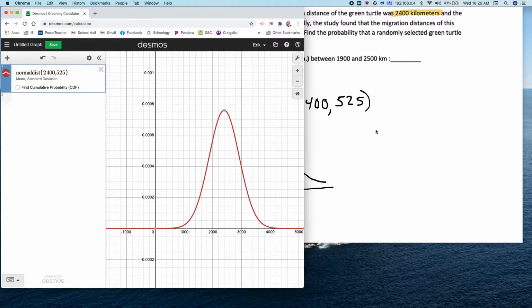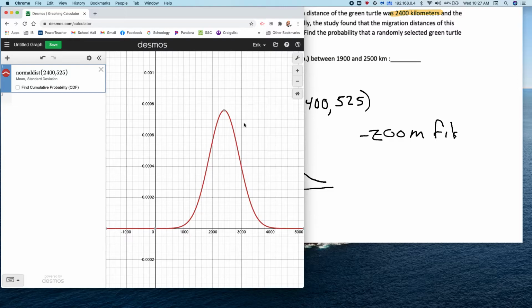Now, we're finding a cumulative distribution. Notice that we're going to Desmos Calculator and we're typing this in, and then we did zoom fit to see the curve.